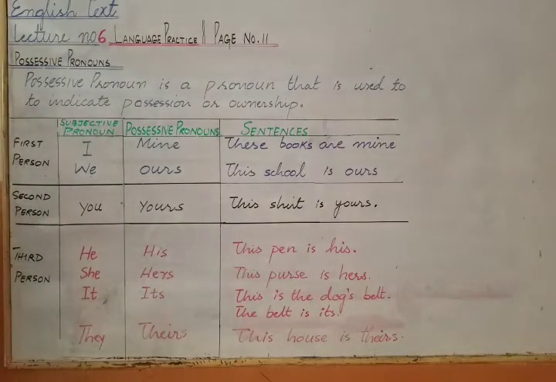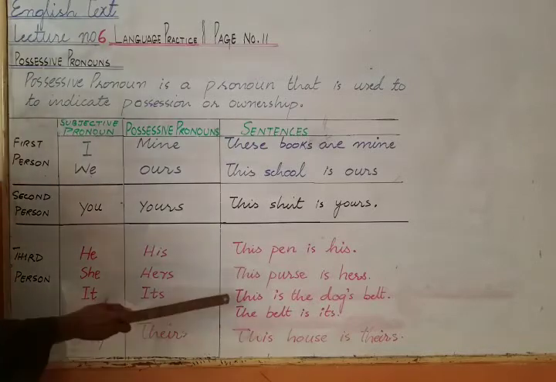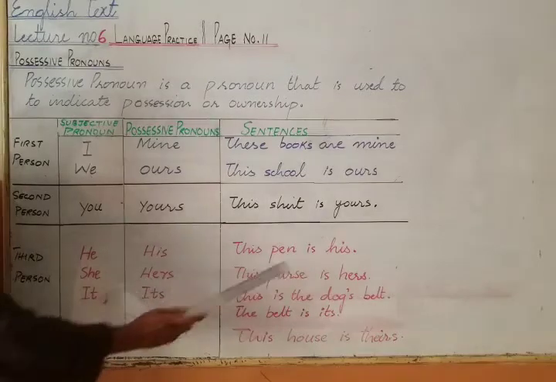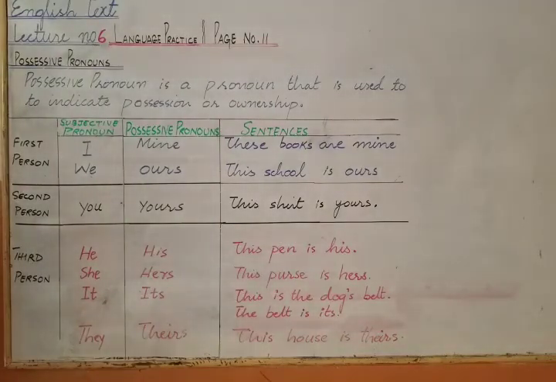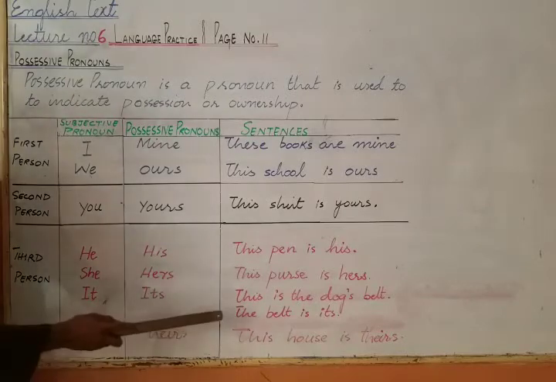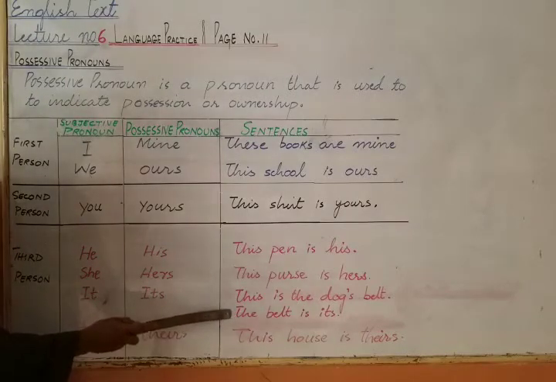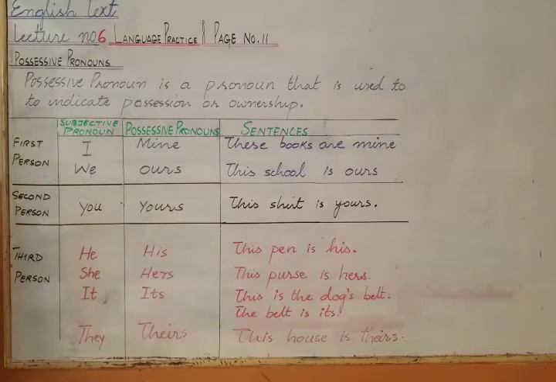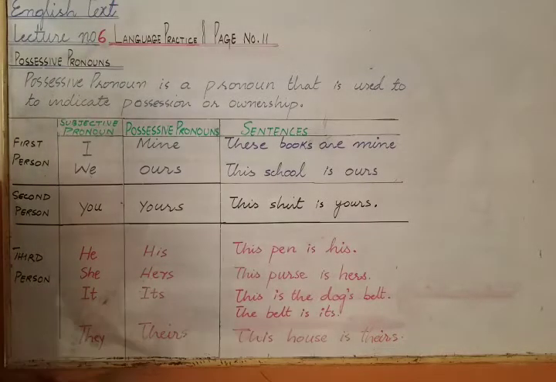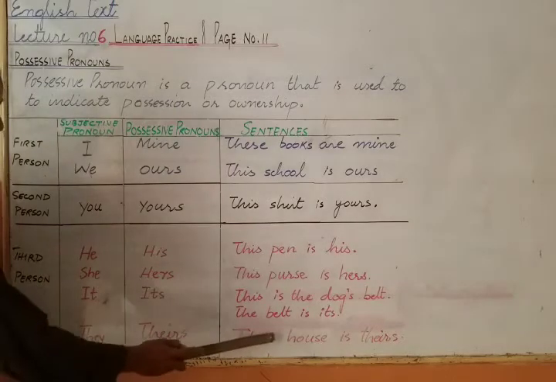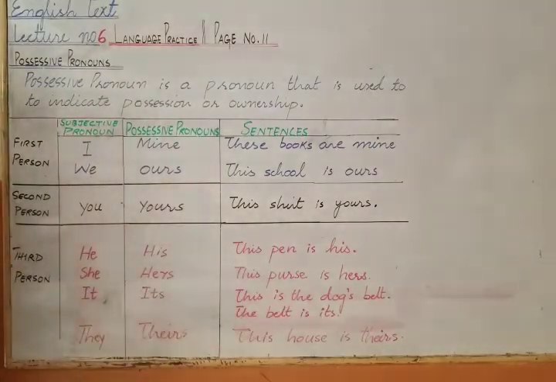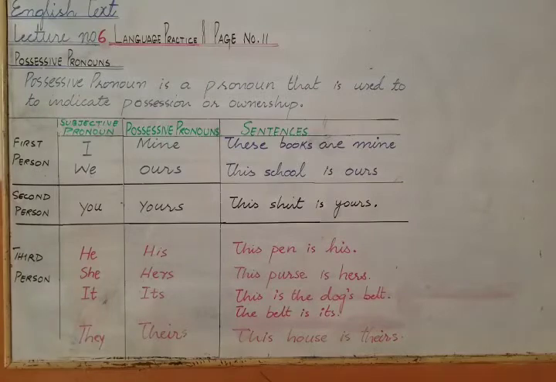The next we have this is the dog's belt. How can we write this with a possessive pronoun? The belt is its. The next we have they, theirs. This house is theirs.